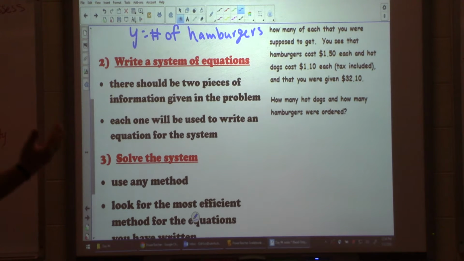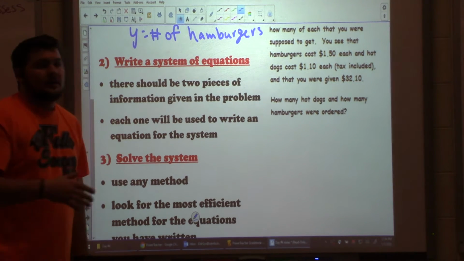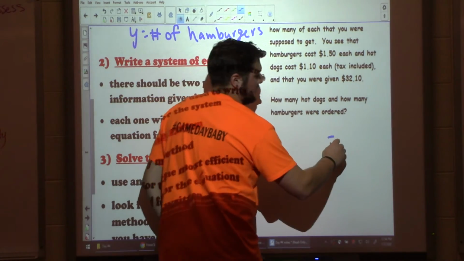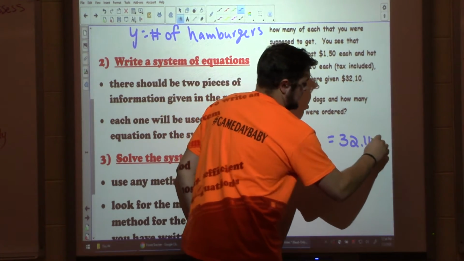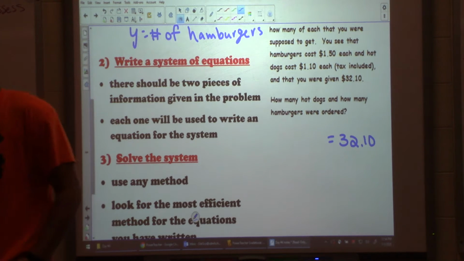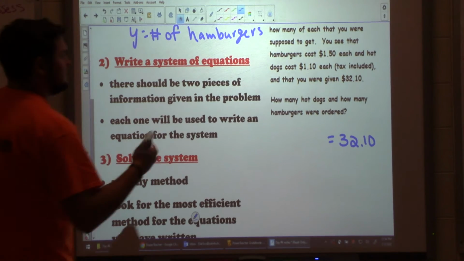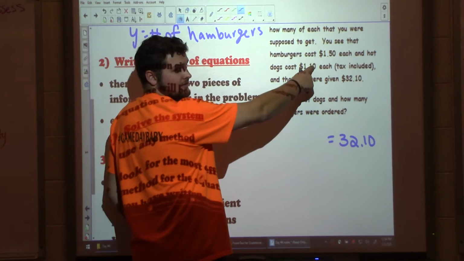Right? So if I think about it, how can I figure out how much money I'm using for this? Well, how much money was I given in total for the order? $32.10. So I know it's going to equal $32.10. Well, I got to figure out how are my variables fitting into that. Well, how much does a hot dog cost? $1.10, right?